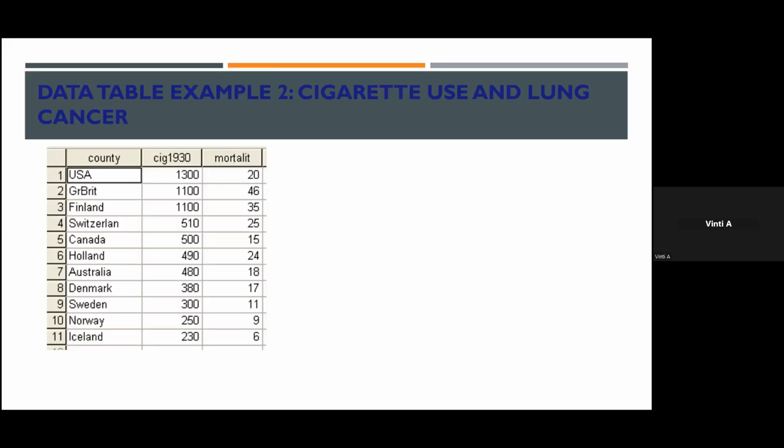So for example, this is a typical example of a variable in a data set, a statistical data set, which I think could be either Stata or SPSS. That's how you would see the data table in a statistical data set.